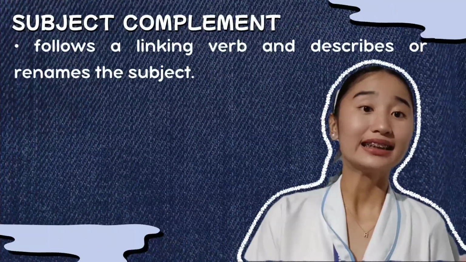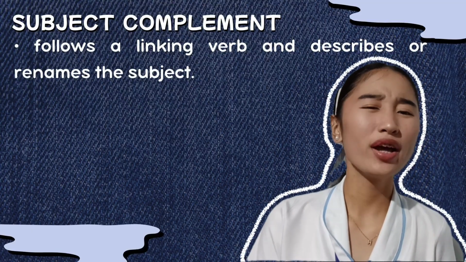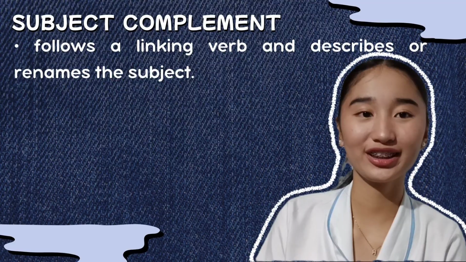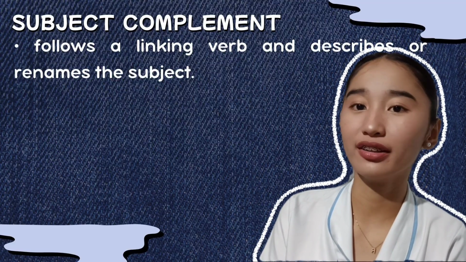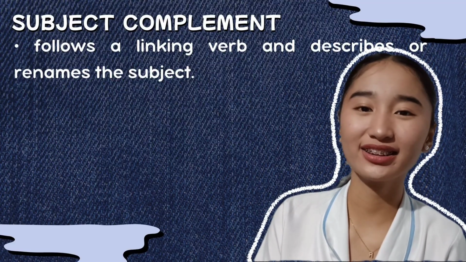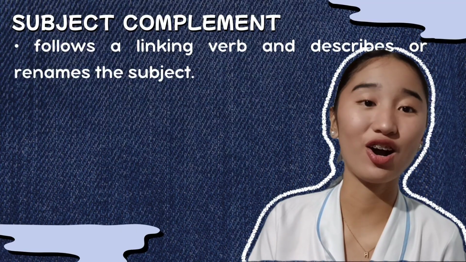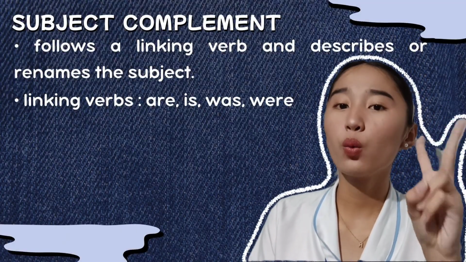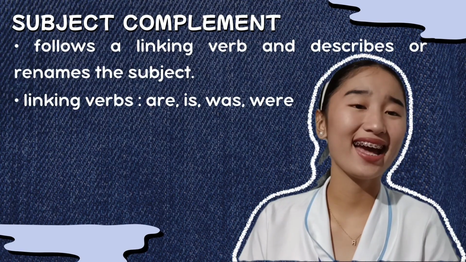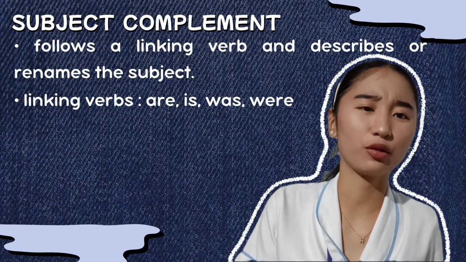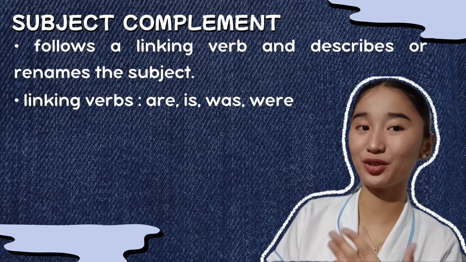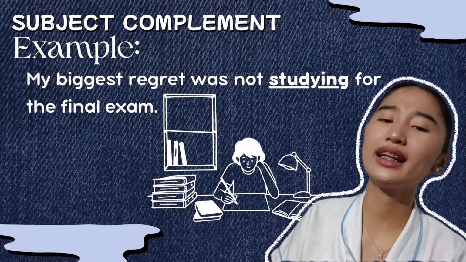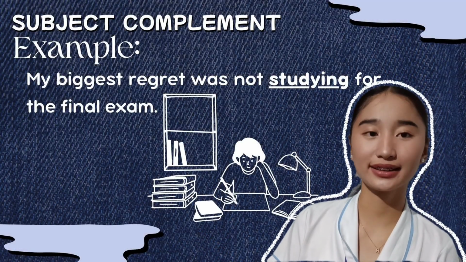Second is subject complement. When we say subject complement, it is a noun that appears with or after a linking verb and tells something about the subject of the sentence. Linking verbs are is, were, was, and other linking verbs that we use. Example: my biggest regret was not studying for the final exam.